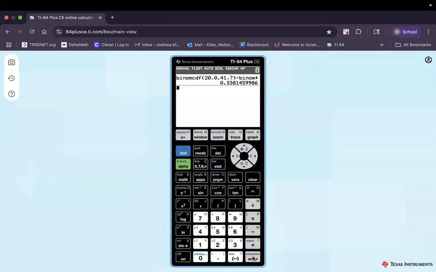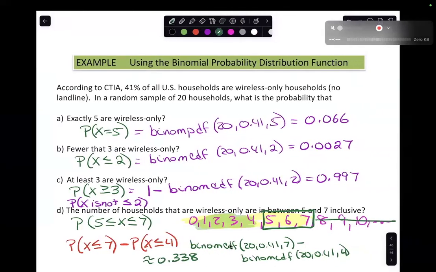Questions on that? You subtract binomial? Is that what it means? Yeah, I subtracted just like I wrote it down here: binomCDF(20, 0.41, 7) minus binomCDF(20, 0.41, 4). So I subtracted off the 4 or fewer.